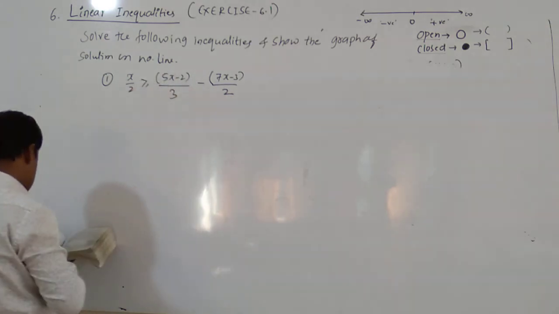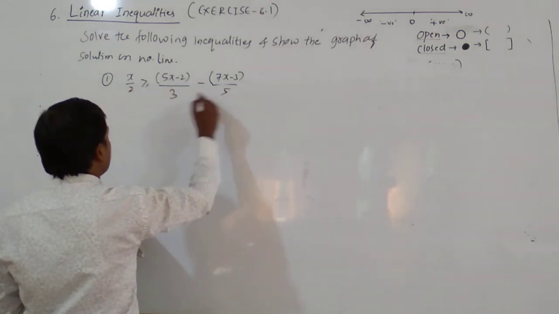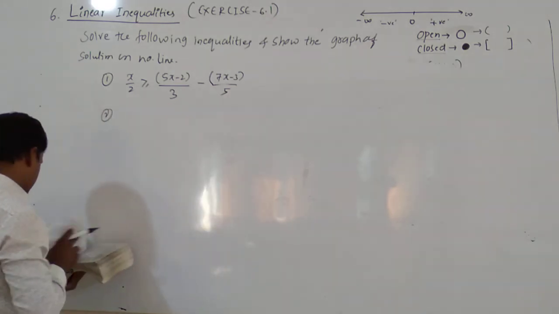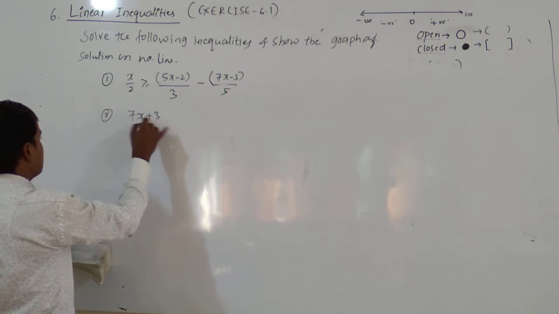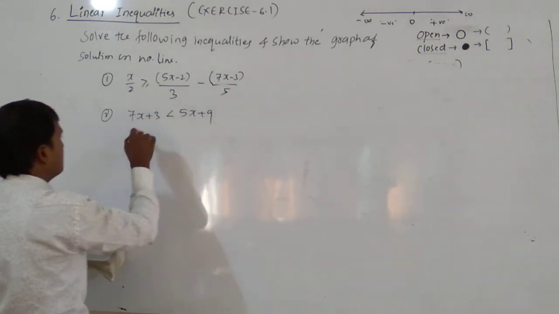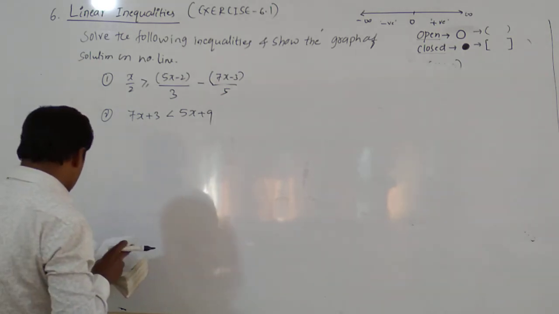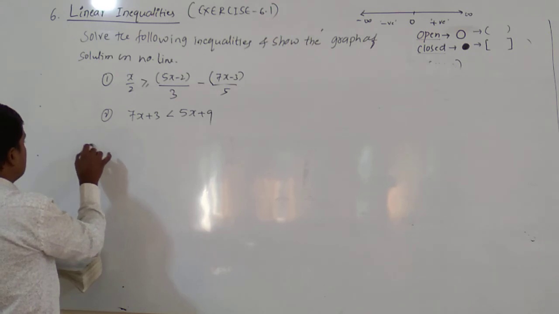So this is the exercise problem. You have to practice. The answer here is 5. The second one is 7x plus 3, which is less than 5x plus 9. Show the graph on the number line.